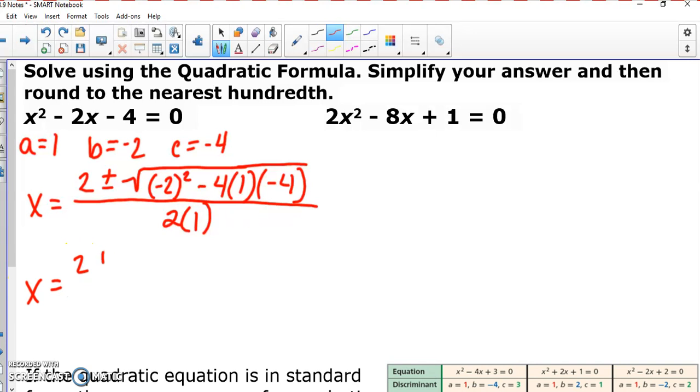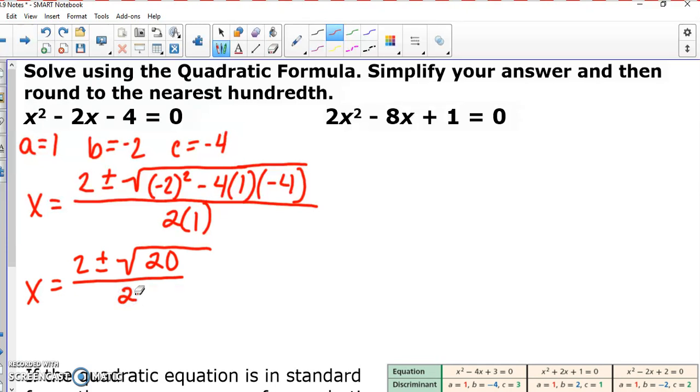So I'm going to have 2 plus or minus -2 squared is 4, so 4 minus 4 times 1 times -4 is going to give me 2 plus or minus a square root of 20 over 2.